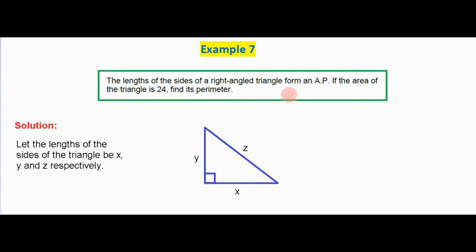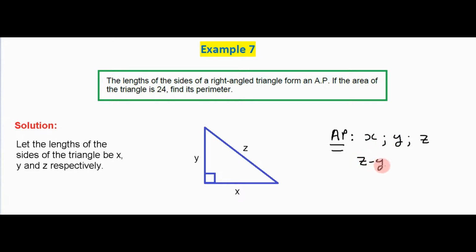We can get the equations from the information given. We're told that the lengths of the sides form an AP. So let's use that information. So our AP could be x, y, and z. Now we use the fundamental property of APs, and it says term 3 less term 2.